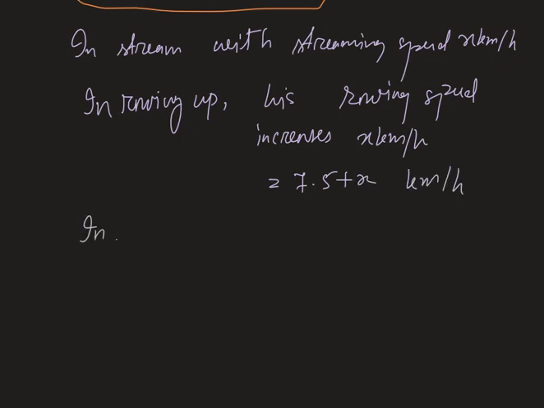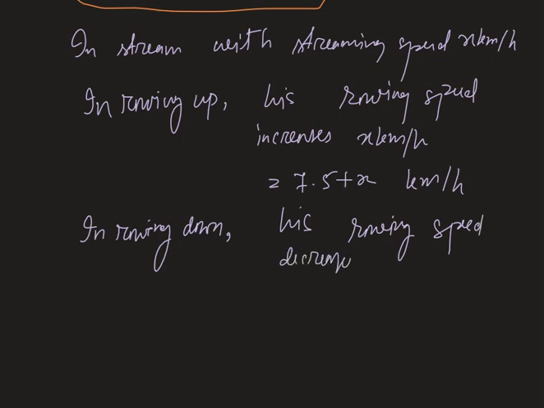In rowing down his rowing speed decreases x kilometer per hour, so it results in 7.5 minus x kilometer per hour.